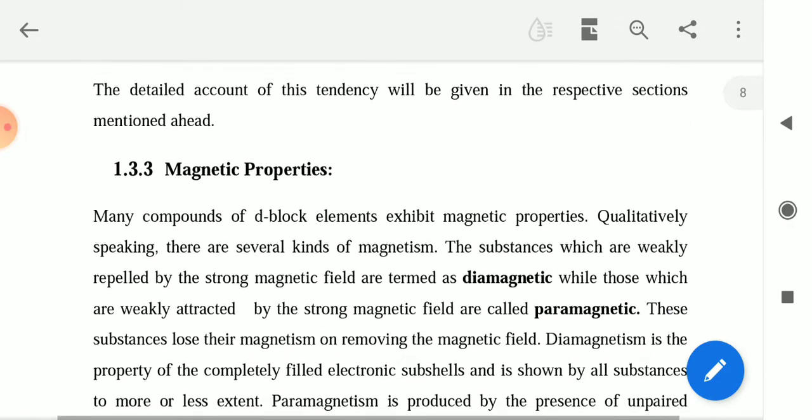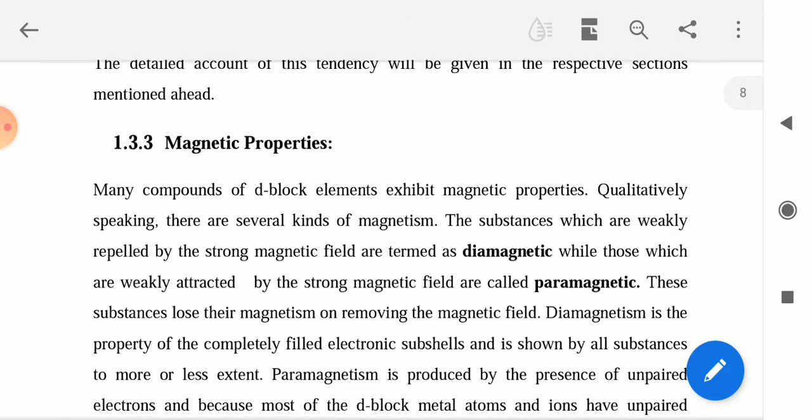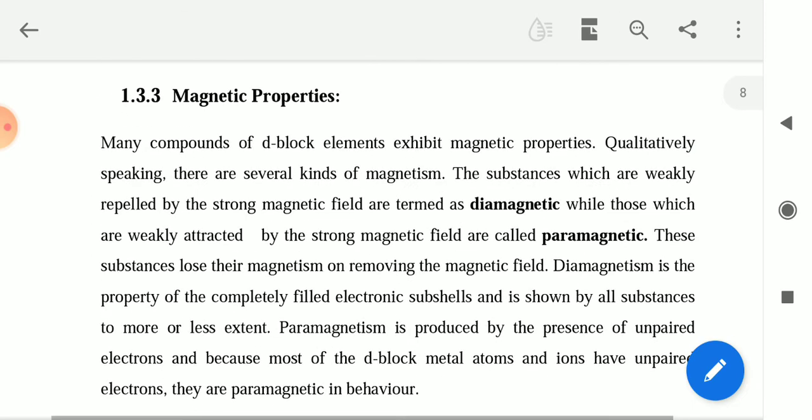Another characteristic of the d block elements is the magnetic property. As we know, the transition elements show magnetic property. The substances which are weakly repelled by a strong magnetic field are termed diamagnetic, while those which are weakly attracted by the strong magnetic field are called paramagnetic.